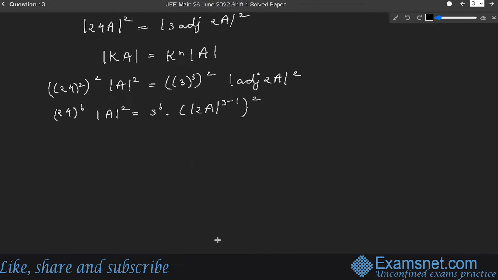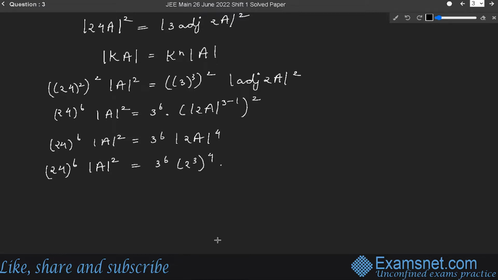Again on further solving, this will be 24 power 6 into modulus of A square is equal to 3 power 6 into mod of 2A whole power 4. So 24 power 6 into modulus of A square will be equal to 3 power 6 into 2 power 4 into mod of A power 4.